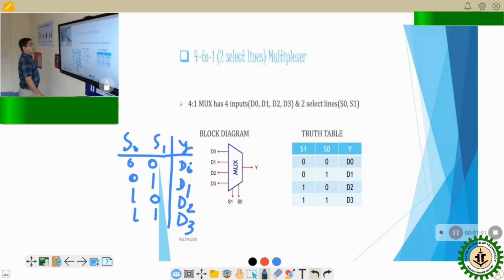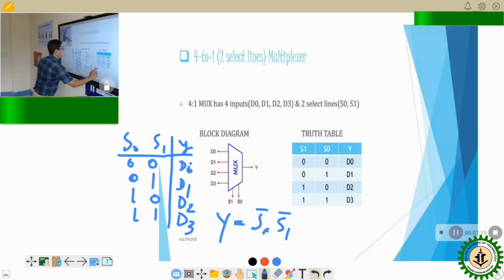What is Y actually equal to? We can write that S0 is equal to 0, S1 is also equal to 0. That is why S0 complement, S1 complement, and D0. This is the one part.